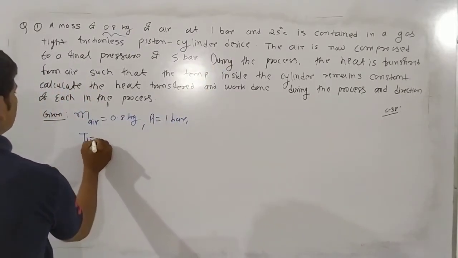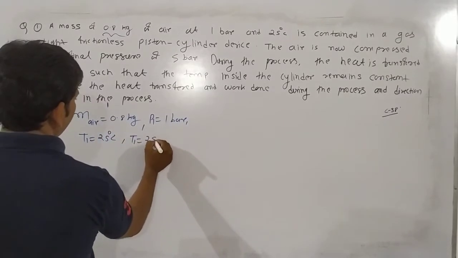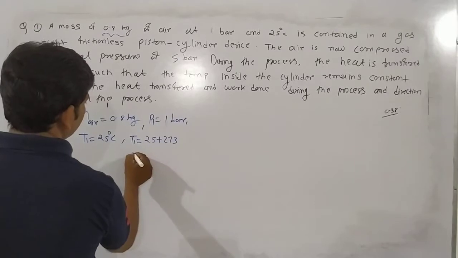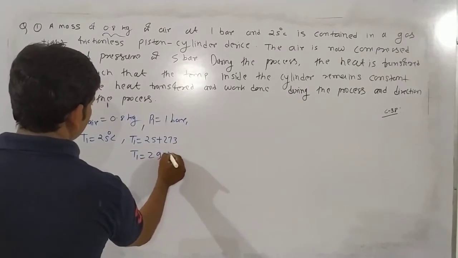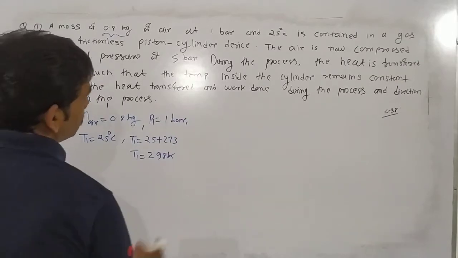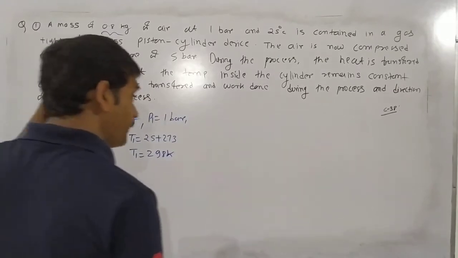What is the temperature? 25 degrees Celsius. Convert into Kelvin: 25 plus 273, it is 298 Kelvin.